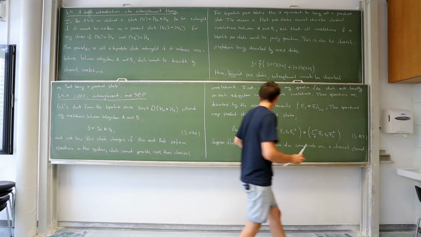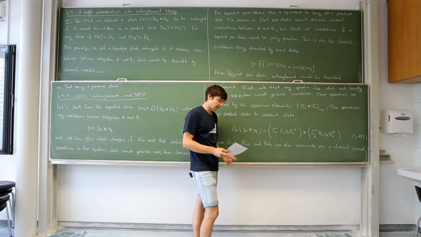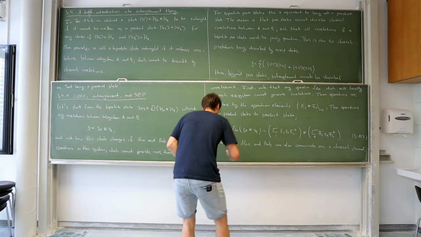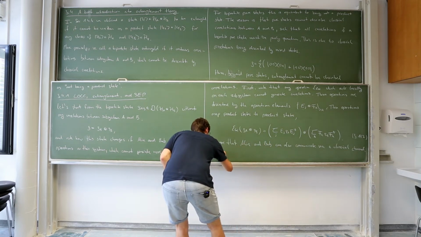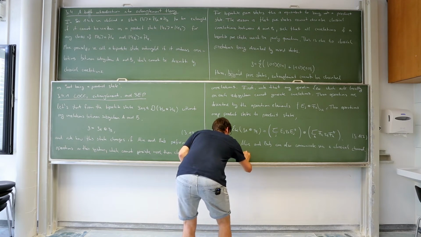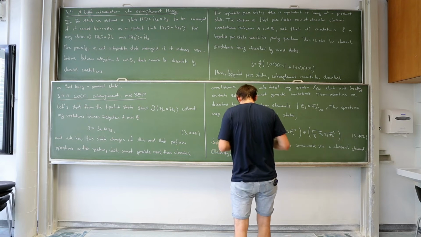So in addition to performing local operations, we suppose that they can also communicate via this classical channel. And then obviously this can generate no more than classical correlations.